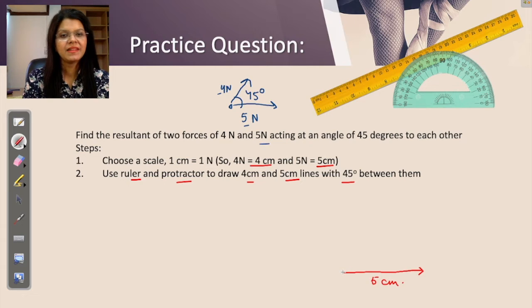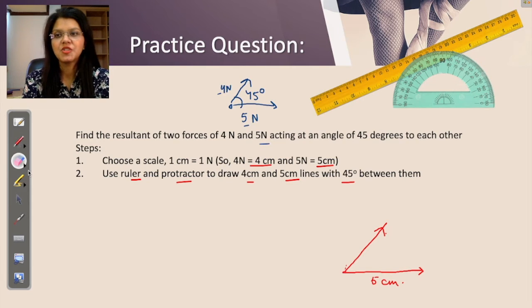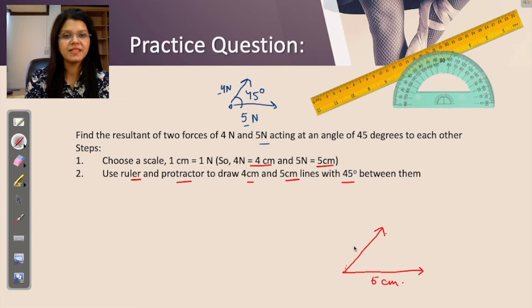Right? Draw another line which should be at 45 degrees to this line, something like this. But this one has to be 4 centimeters long. It should be shorter, 4 centimeters. This much is basic geometry. You should be able to do it. Another line will be 4 centimeters.